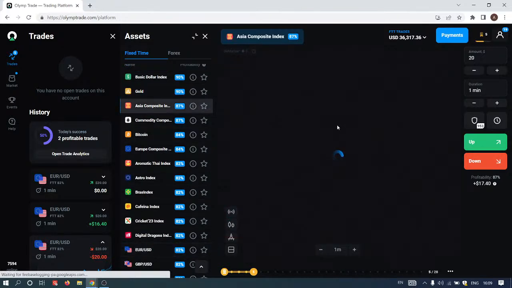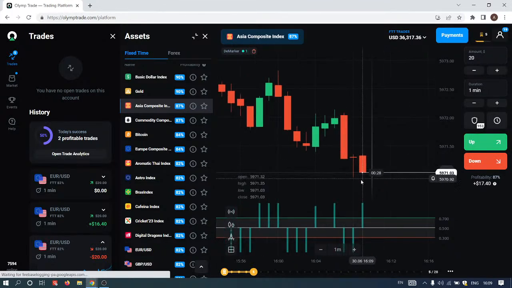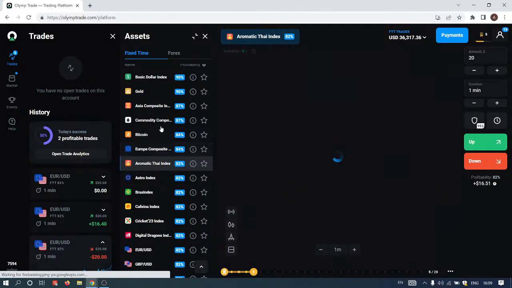Let's pick another one. Let's select Asia Composite Index. Okay, and now we need to wait for a new candlestick to appear, and once it appears, that's when we are going to open a trade.